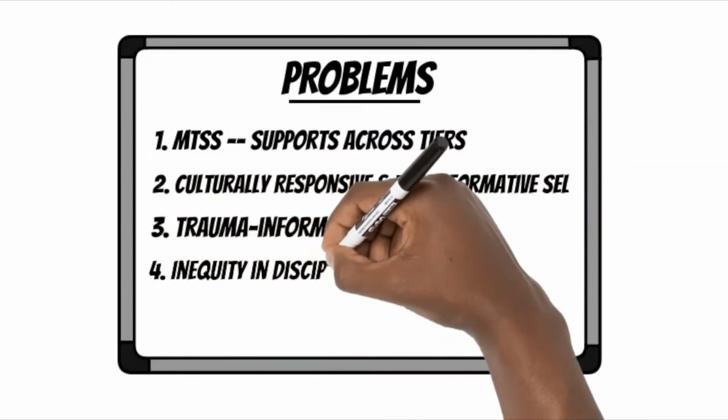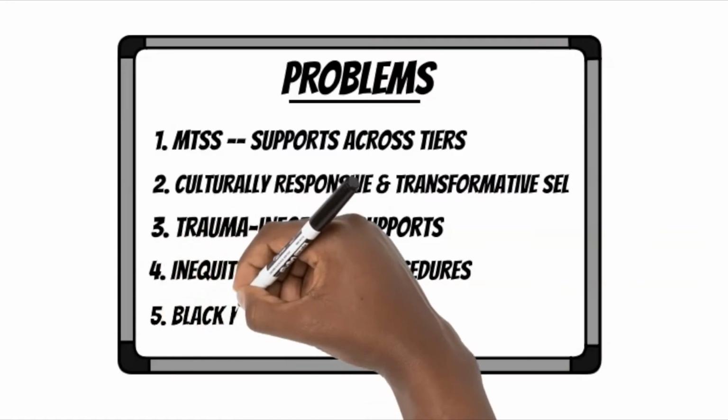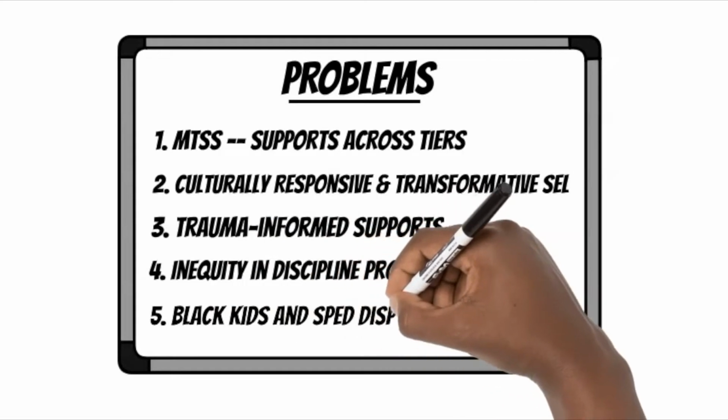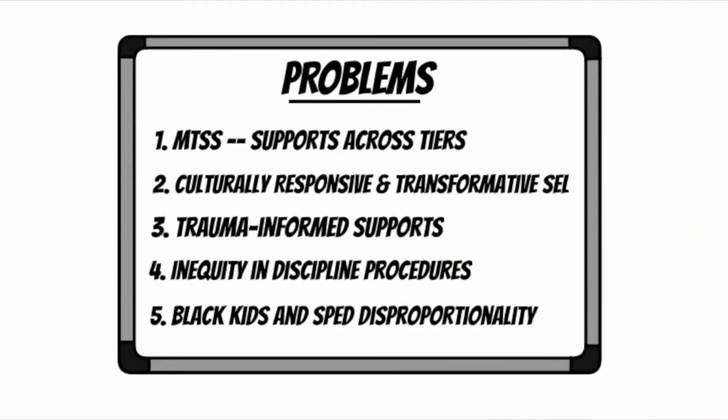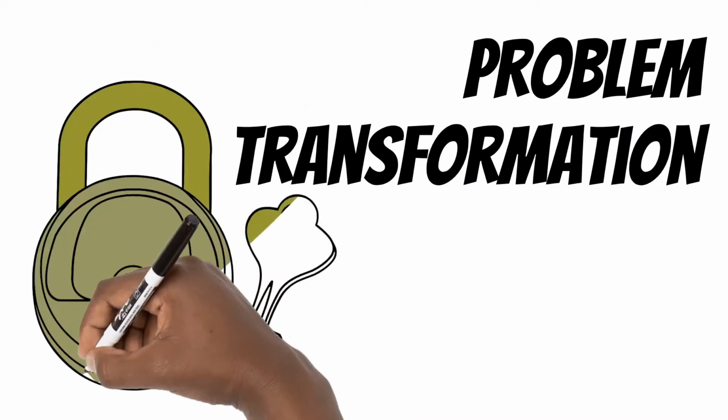Problems that lead to punishing students of color at alarming rates. And problems that lead to over-identifying students of color for special education services, among other problems. The key then is to transform those problems in order to move forward with culturally responsive teaching.